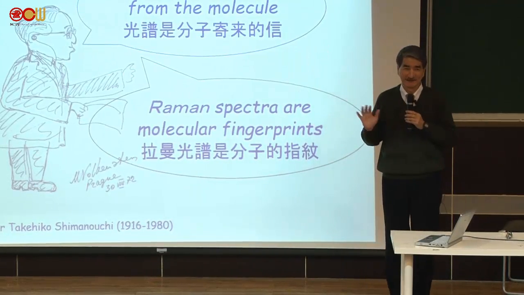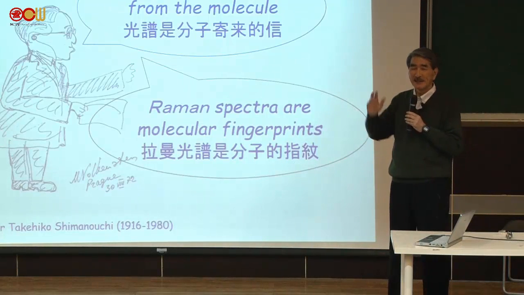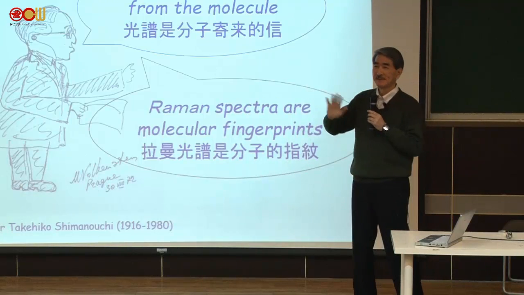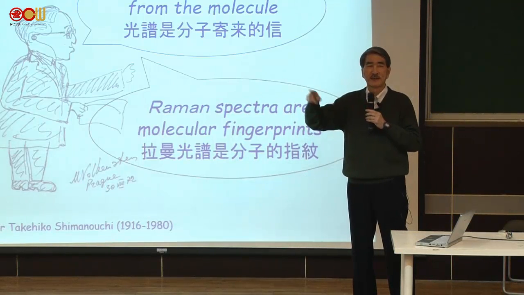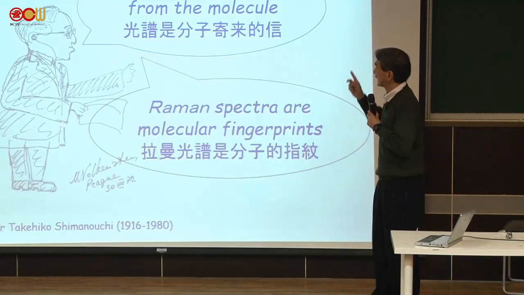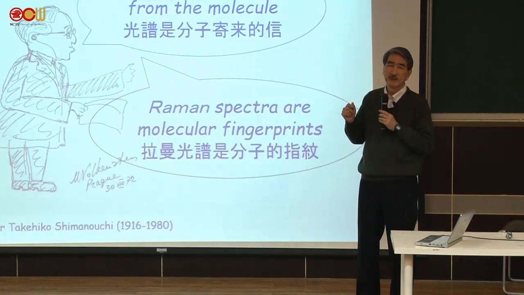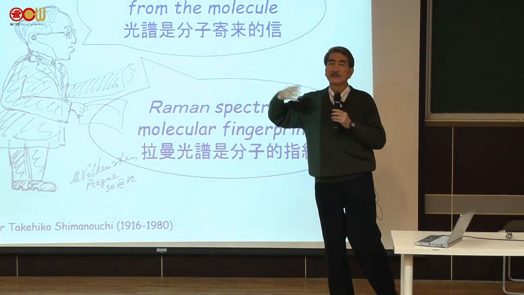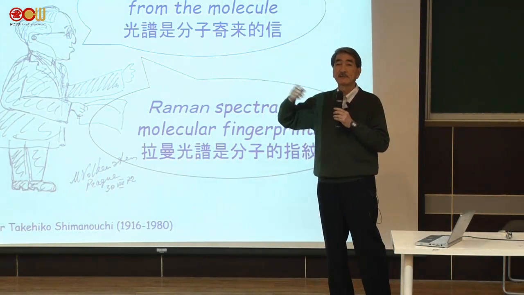Nowadays, you never write letters. You just send mails. But, you know, when I was a student, we were still using letters to communicate with others. So spectra as letters from the molecule means that the molecules do send letters to us in the form of a spectrum.